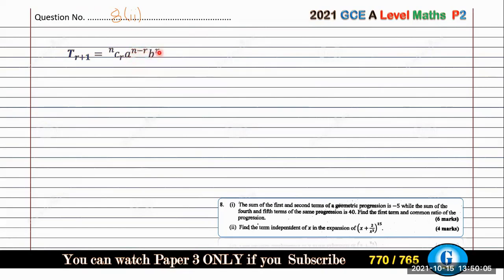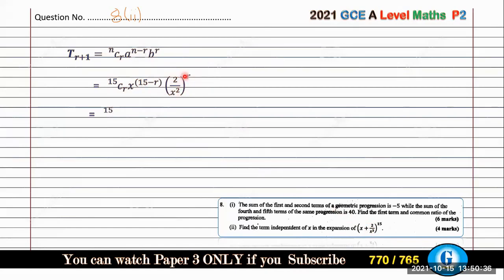Now for the term independent of x, we are going to have 15 combination r. Our a here, this first part of this, is x, right? So we are using x as our a. So we have x to the power 15 minus r. And our b here is 2 over x squared. So we have (2 over x squared) to the power r.